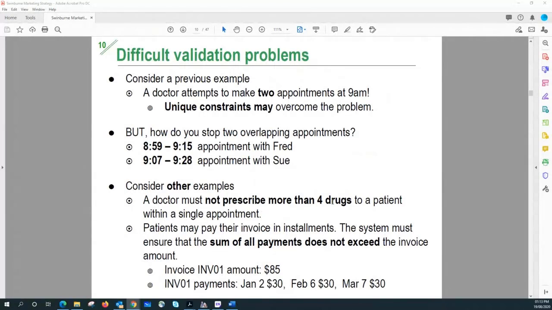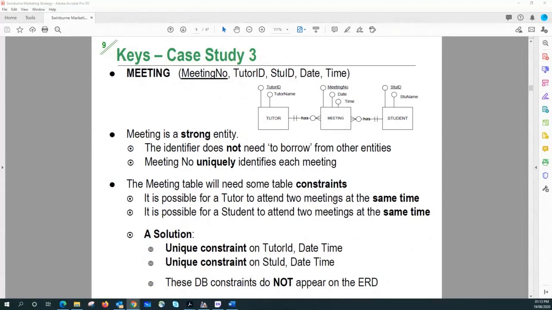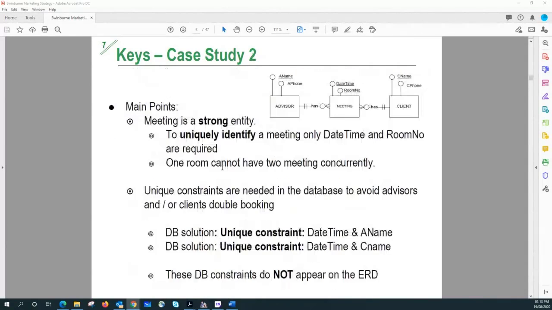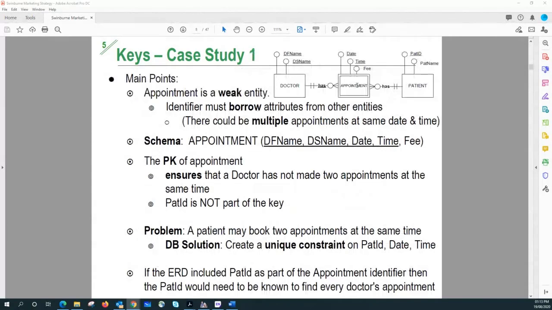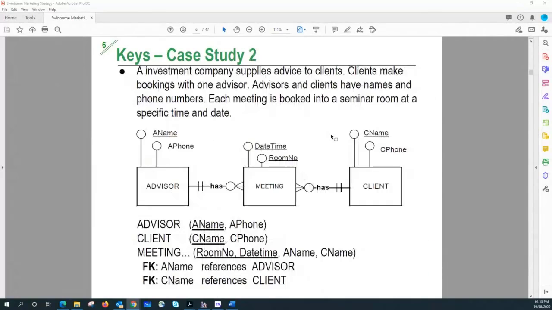But there are obviously some other complicated issues. If you go back to our doctor-patient issue, we know that we can't have double appointments. We can implement it using unique constraints, but how can you make sure there is no overlapping between the time and the date?